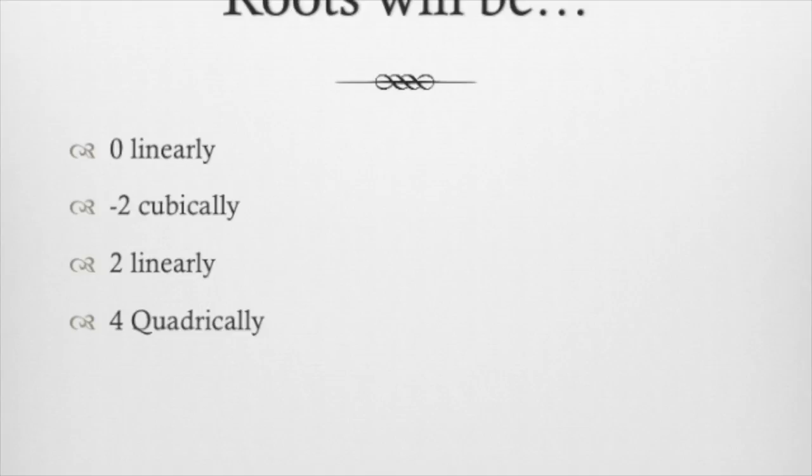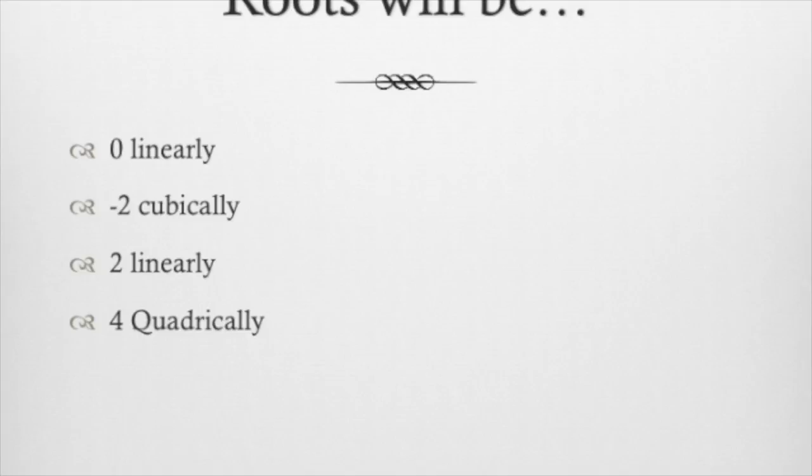So the 0 will be linear because it's only to the power of 1. The negative 2 will be cubic, which means it will curve like an L. 2 will be linear because its power is 1.